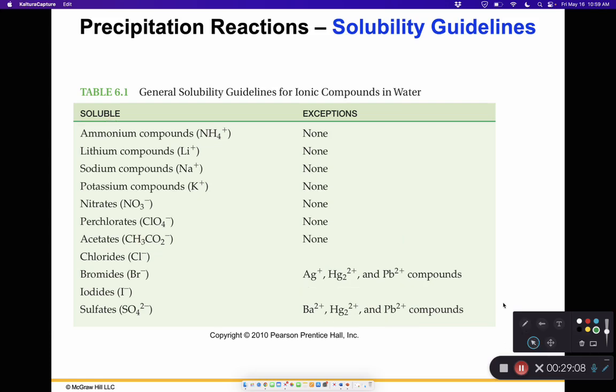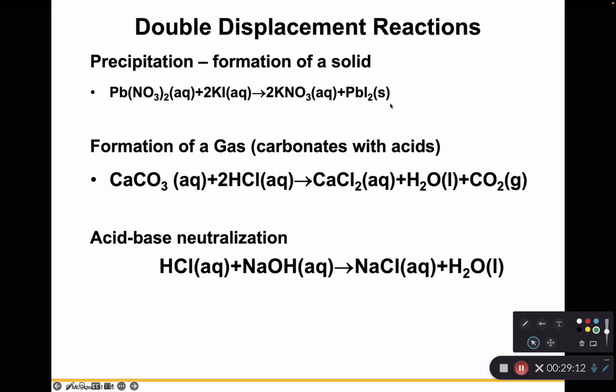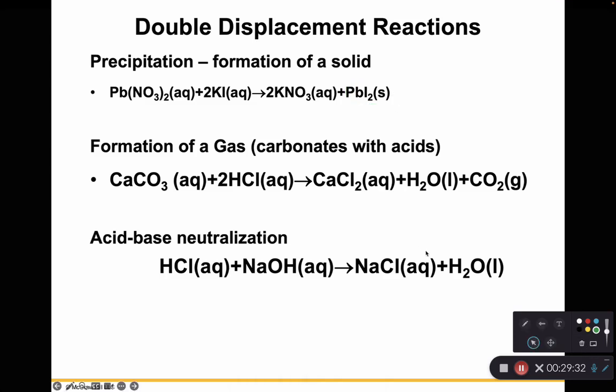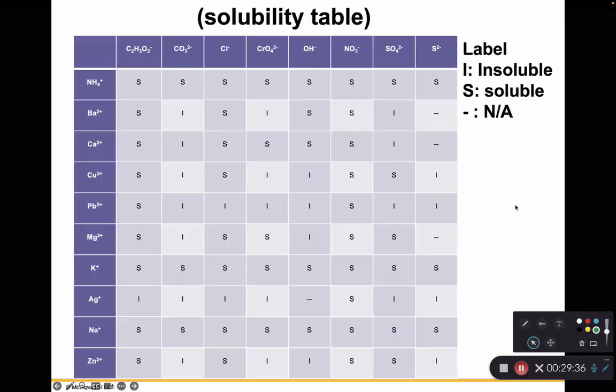With this information, going back to the earlier slide, I can tell that lead iodide will be an insoluble compound, because lead makes that exceptional case. Lead iodide is insoluble in water. I come to know this just by looking at the solubility rule, so the solubility rule is very helpful for us.